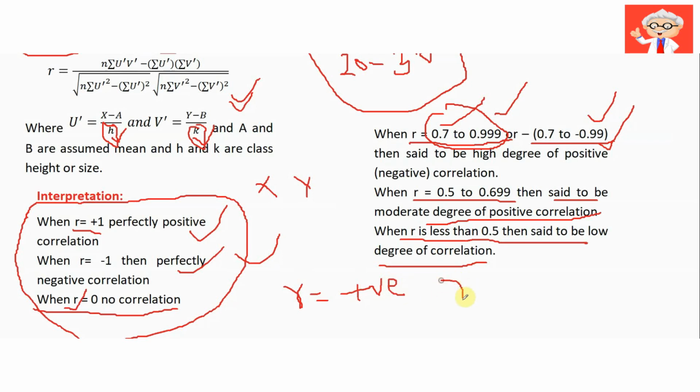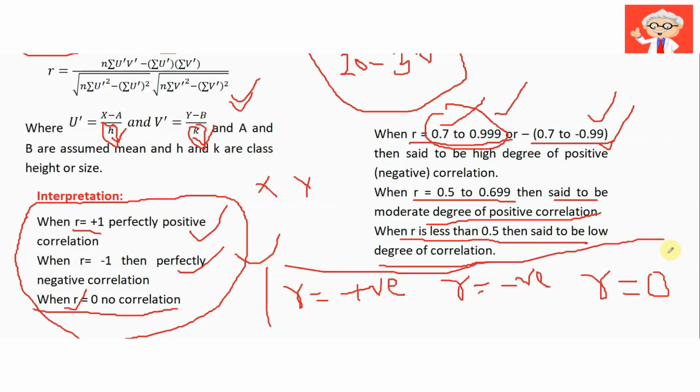If r is negative, then it is said to be a negative correlation. If r equals 0, then it is said to be no correlation. If you remember these three basic things, then you can work out all the other interpreting values. Okay, now let's start with some examples.